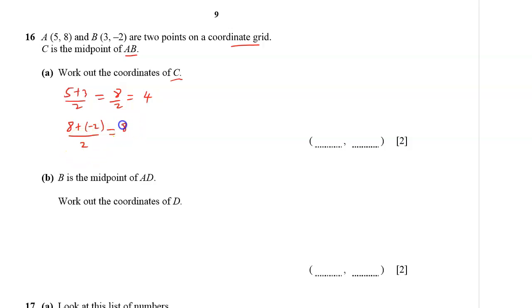This will give us 8 minus 2 over 2, which is 6 over 2, which gives us 3. Therefore, the coordinates of C will be (4, 3).